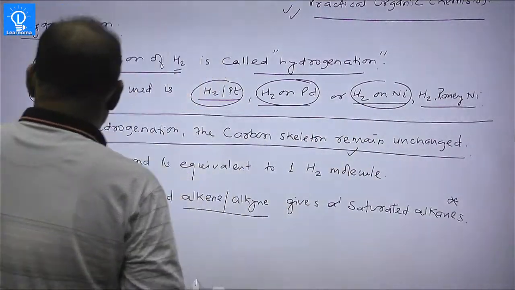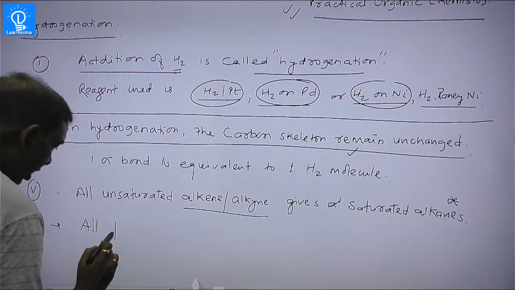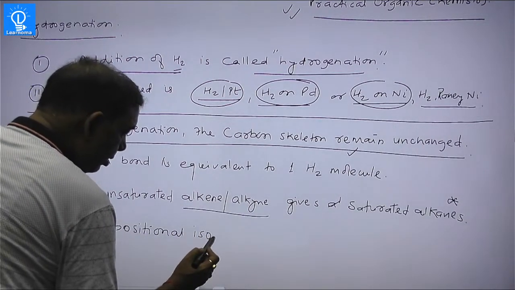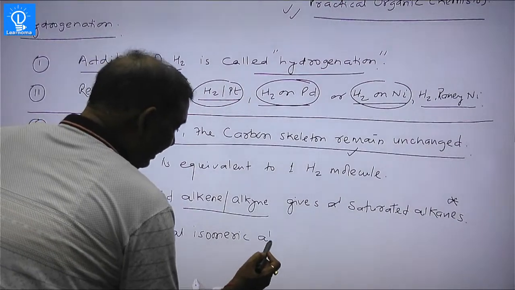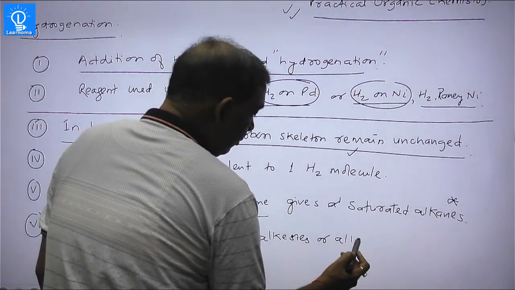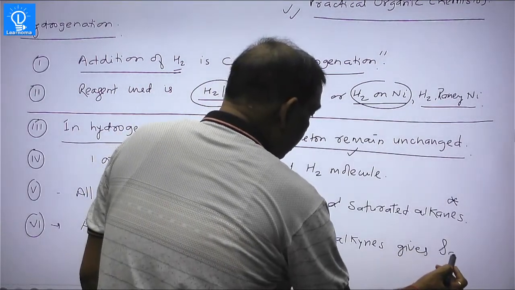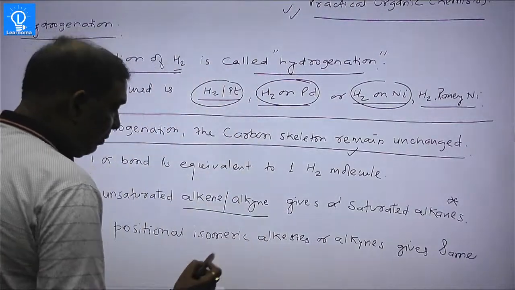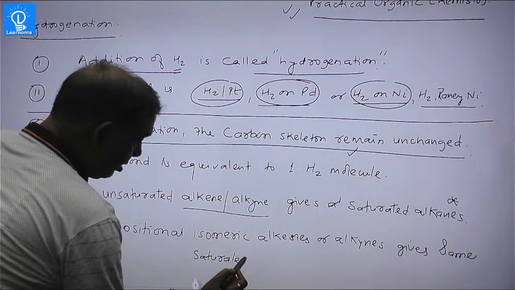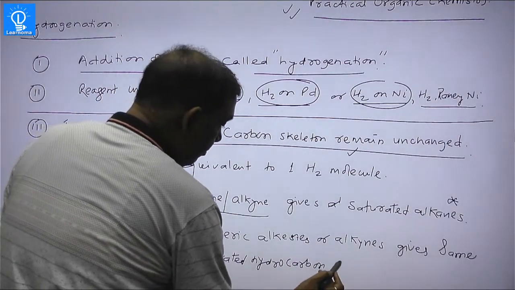Point 6: all positional isomeric alkenes or alkynes give the same hydrocarbon, same alkane, same saturated compound on hydrogenation.